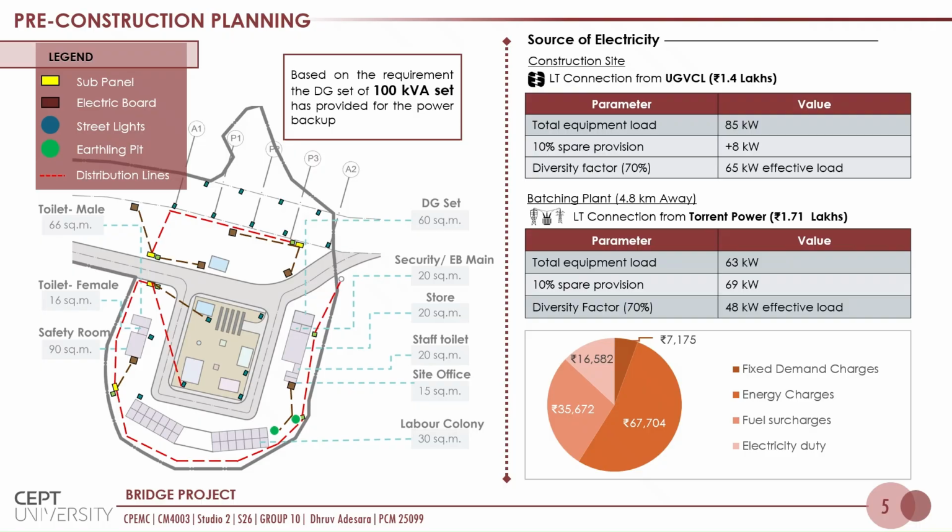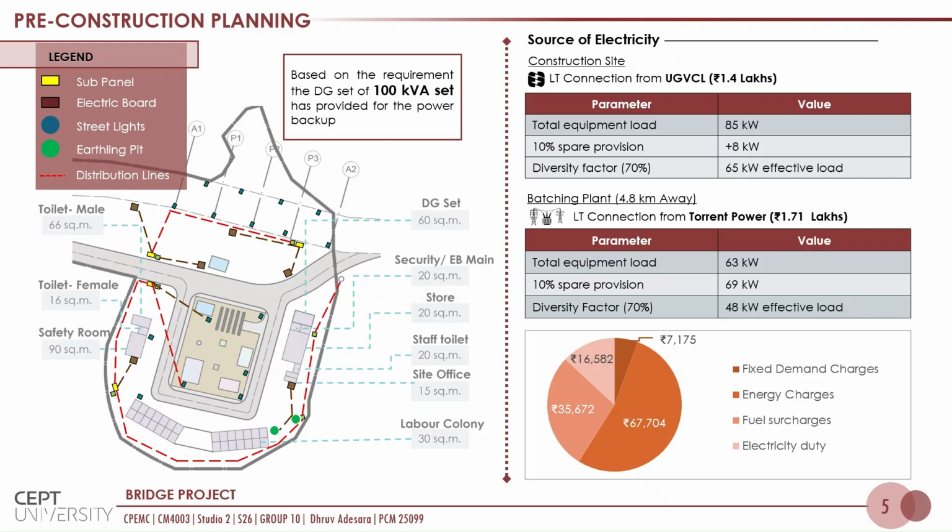For the establishment of electrical utility, the total load has been determined from all the equipment and machinery which will be used in the project at a diversity factor of 70%. UGVCL and Torrent Power are the respective electrical providers for the site and batching plant.